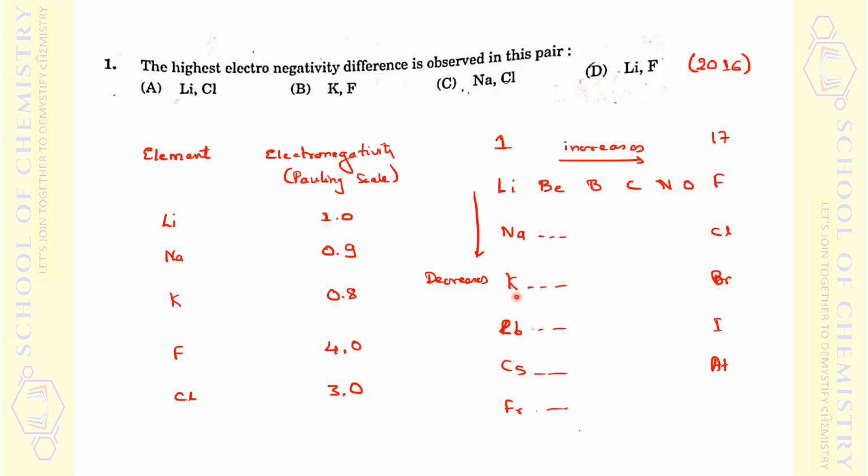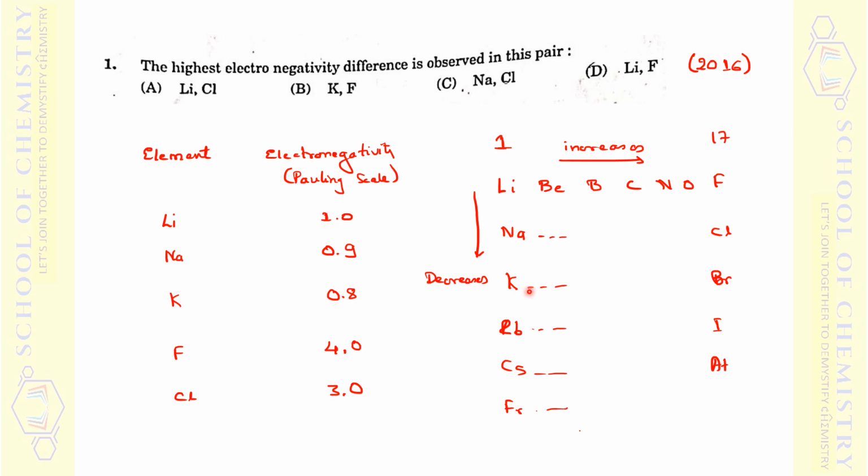Now if we want to identify the pair with the highest electronegativity difference, one element should be the most electronegative, and the other element among the given species should be less electronegative.